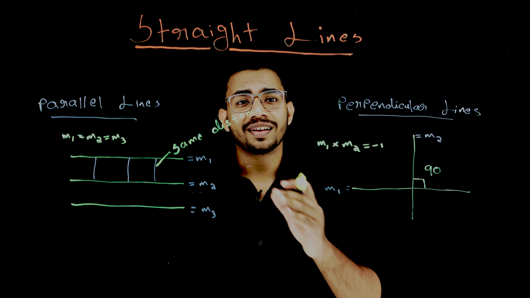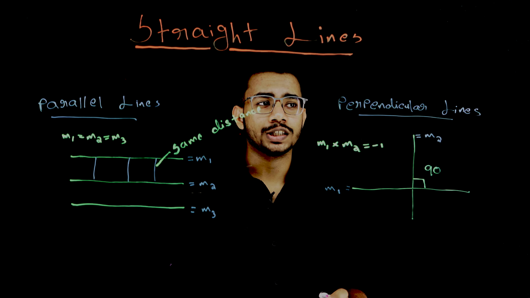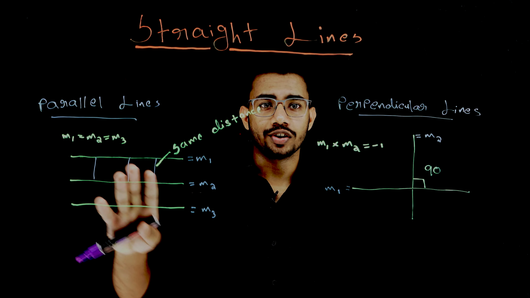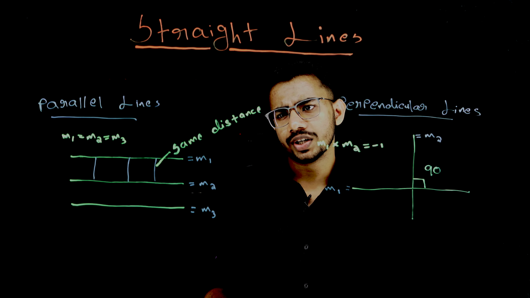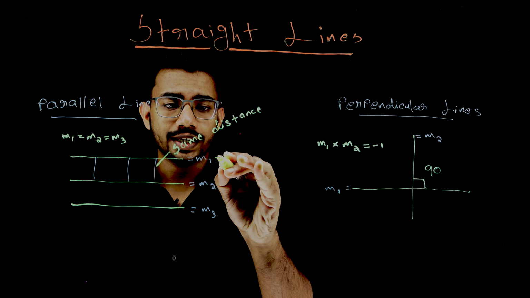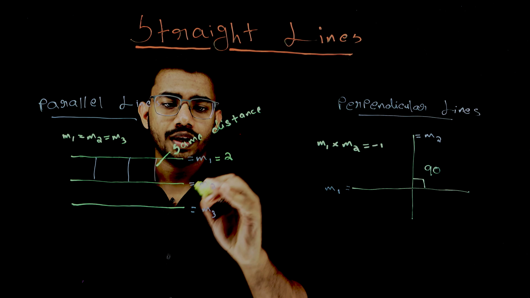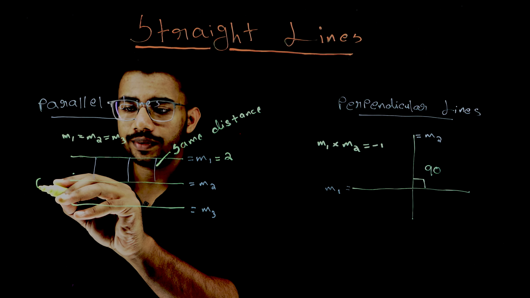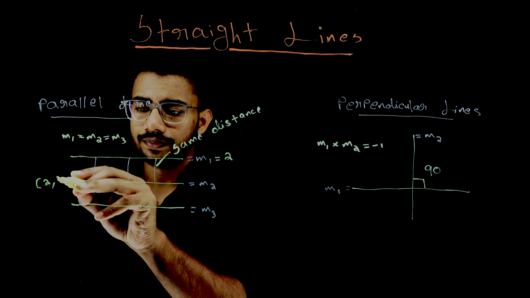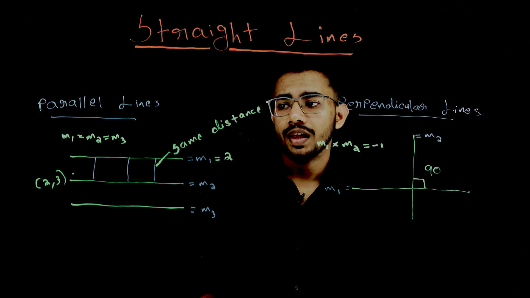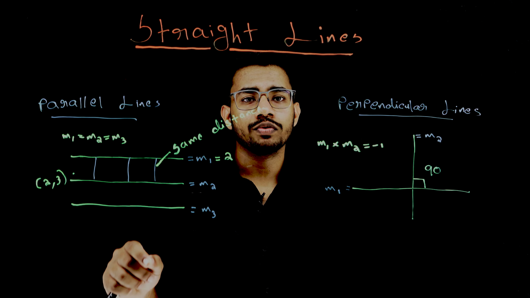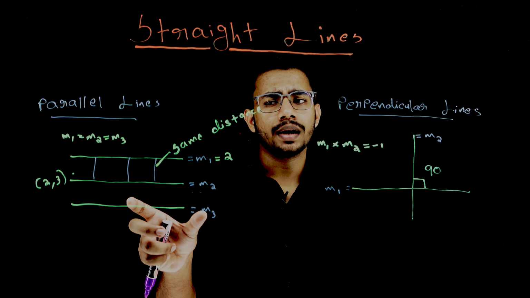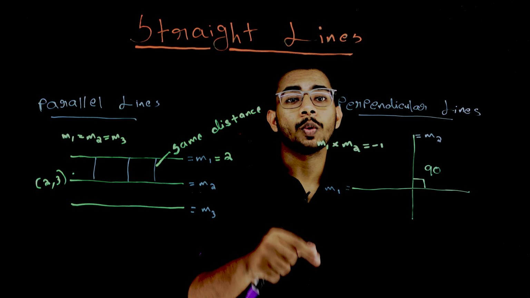Now they can ask a variety of questions based upon parallel lines and perpendicular lines, and they can ask about the equation of a straight line based upon these relations. As an example, let's say they give the value of m1 as 2, and they say the second line has a point, let it be (2, 3). They can ask: I have a line with one of the points being (2, 3), and that line is parallel to another line whose slope is 2.